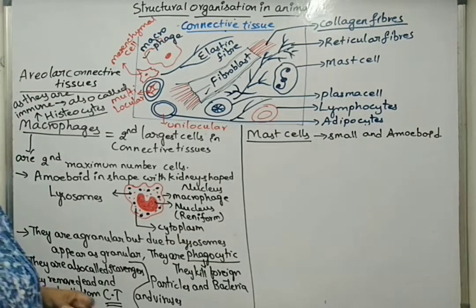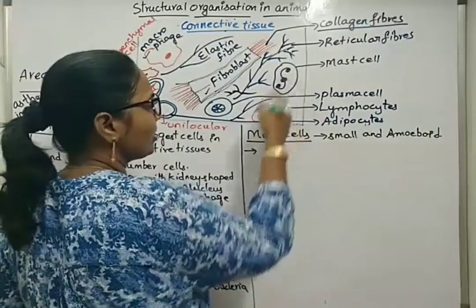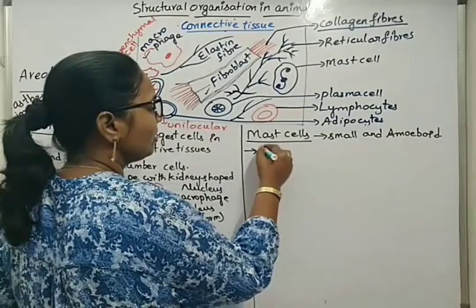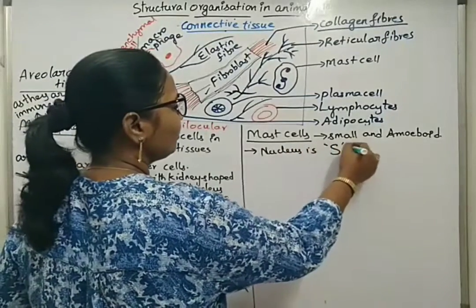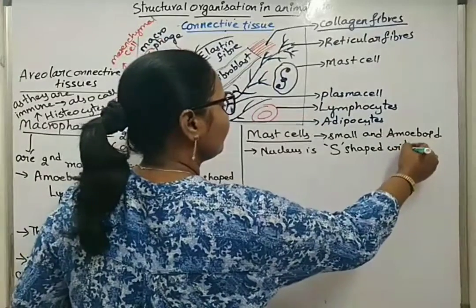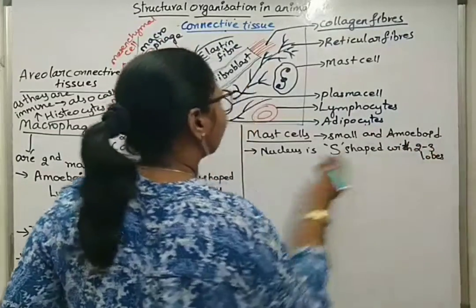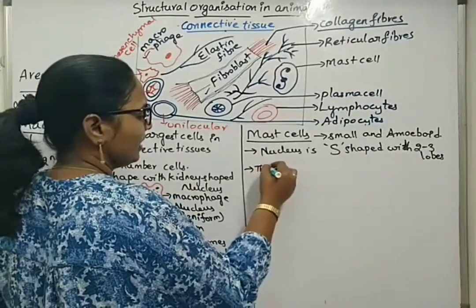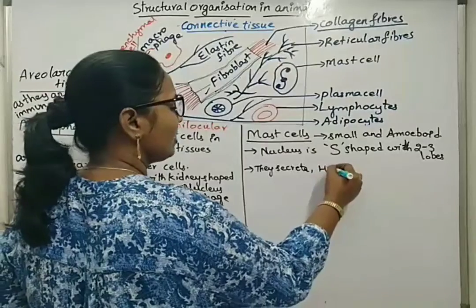Next, they secrete different types of secretions. So here, according to the structure, we will write first. Nucleus is S-shaped with 2 to 3 lobes. They secrete histamine.